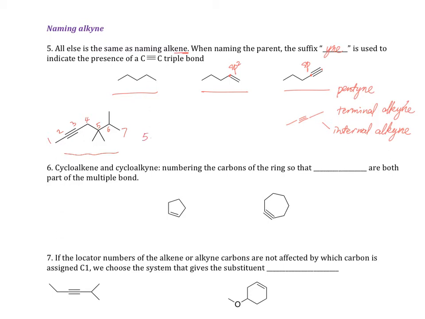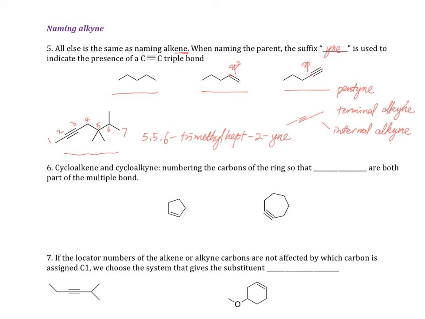It's going to be the same 5,5,6-trimethylhept-2-yne. Is that clear? Okay, so everything is the same with alkenes except for the suffix.